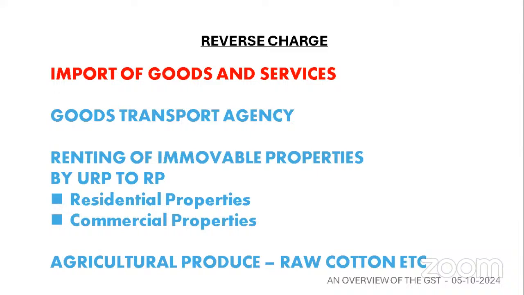However, a point to be noted is the tax paid under reverse charge mechanism is available as a credit to discharge the output tax liability of that particular registered person.